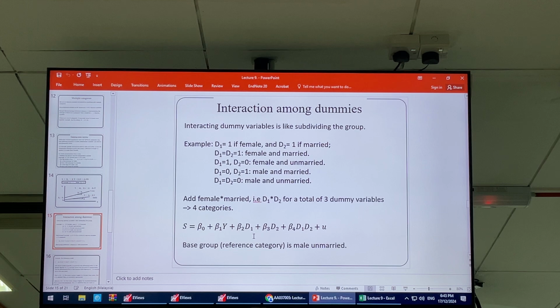The groups where all the variables equal 0 are our base candidate. So when D1 equals 0 and D2 equals 0, this is the model for an unmarried male, because both equal 0. So the intercept equals this one, and the slope equals beta 1.